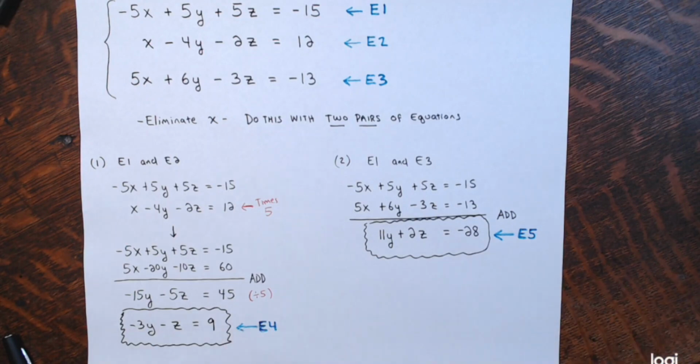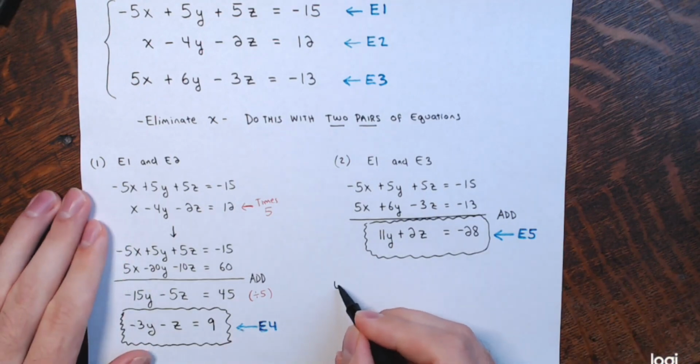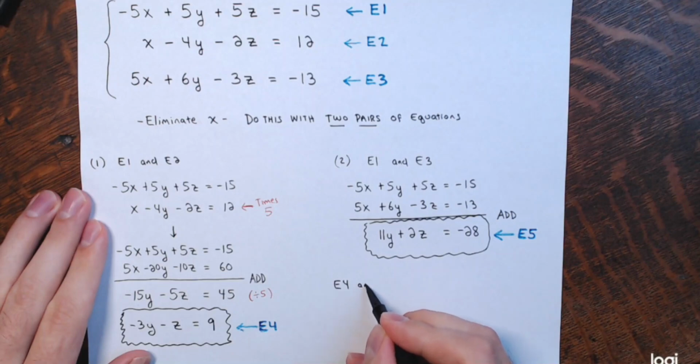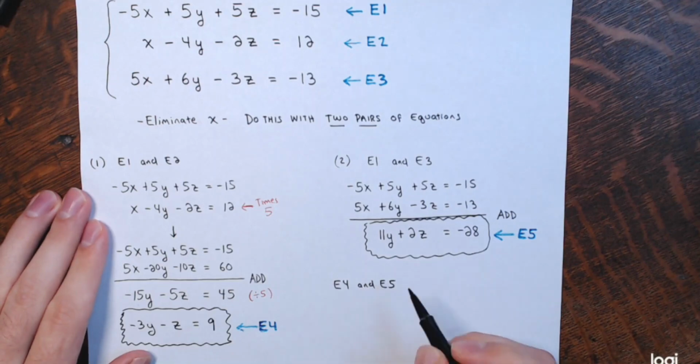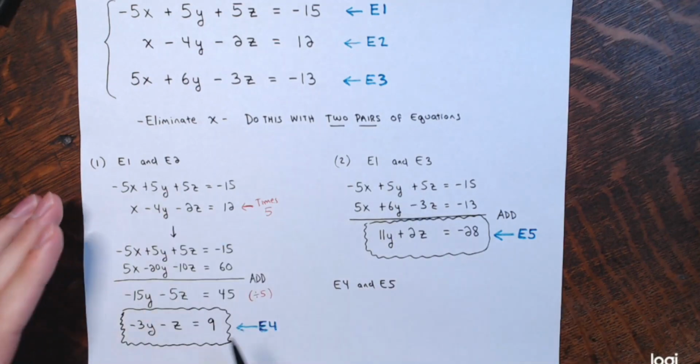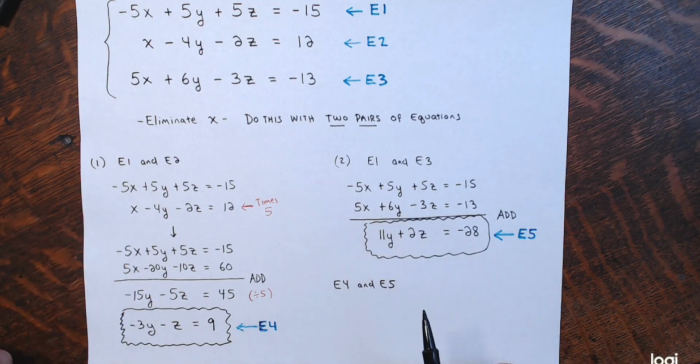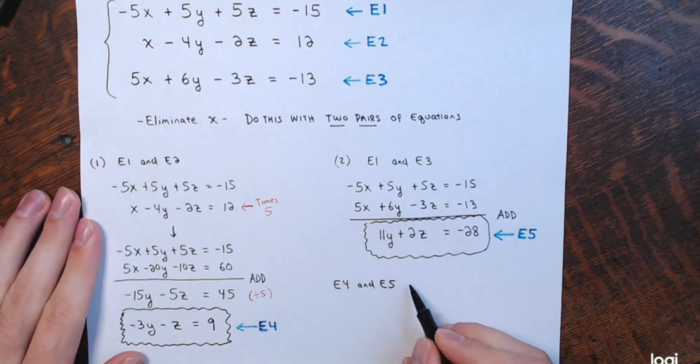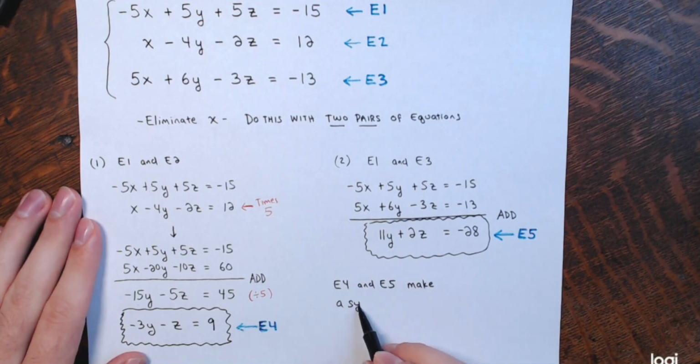And notice that equations 4 and 5, these two equations I got after eliminating x from two different pairs of the original equations, E4 and E5 make a linear system with two variables, y and z.